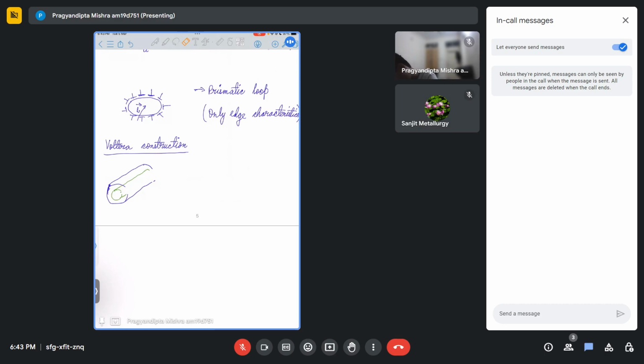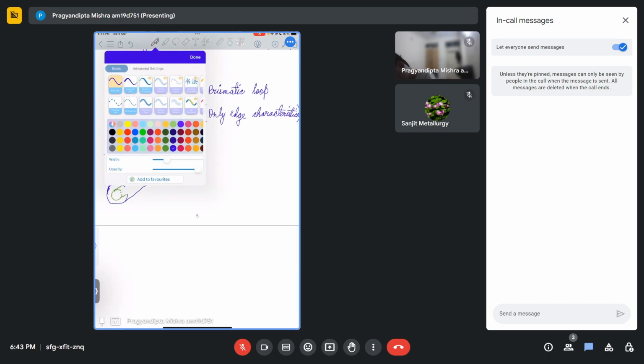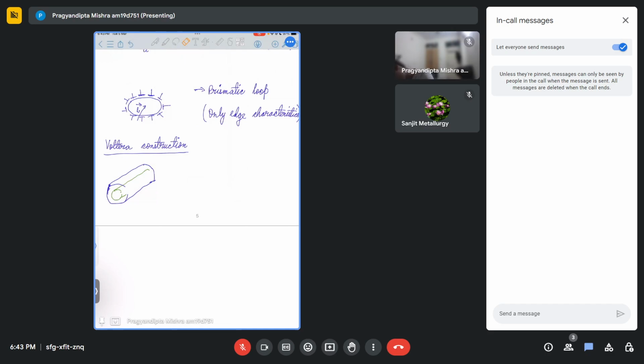Let me draw it again, I think it did not come correctly. Let's get the cut first so that it's clearer. So now this one ends here.